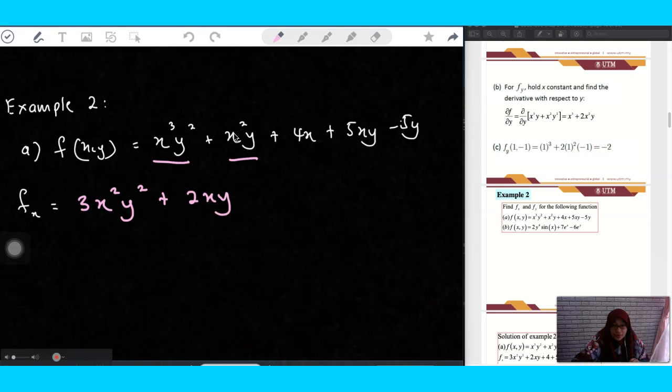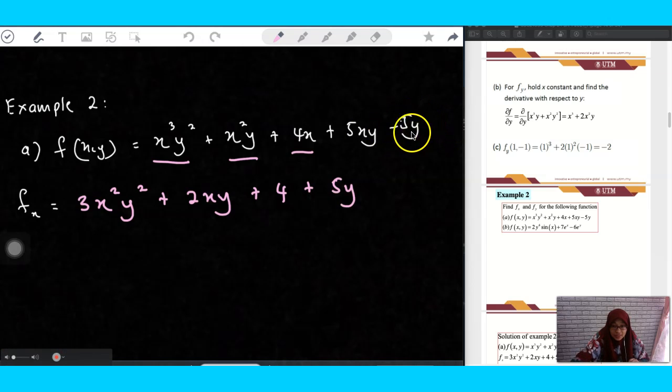So you have 2xy. The third one, can you see x? Yes, but no y, right? So when you differentiate for x, you will just get 4. And the fourth, can you see the x? Yes. So y is constant. What happens if you differentiate 5x? You will get 5, so 5y. Can you see the x here?